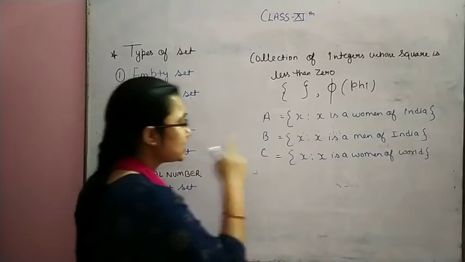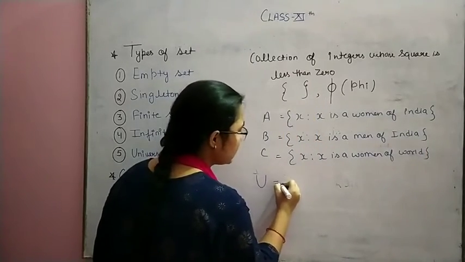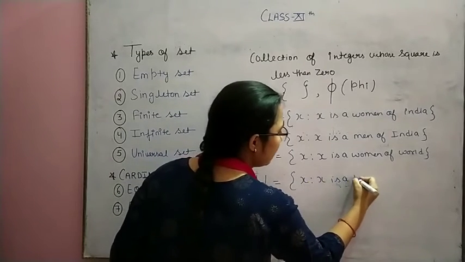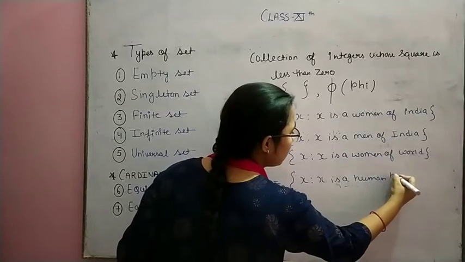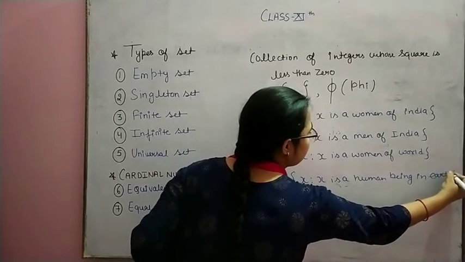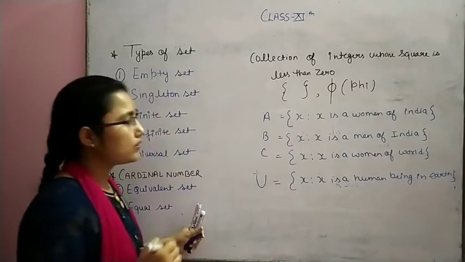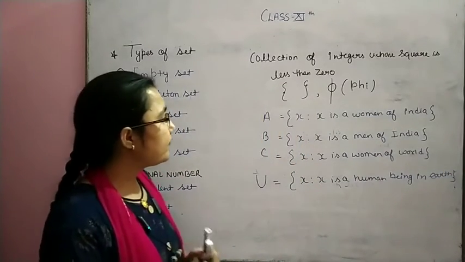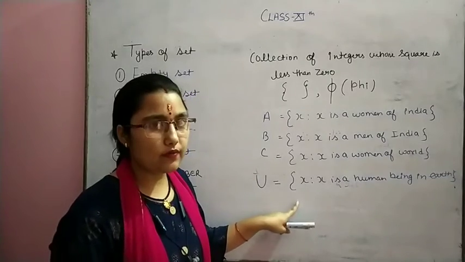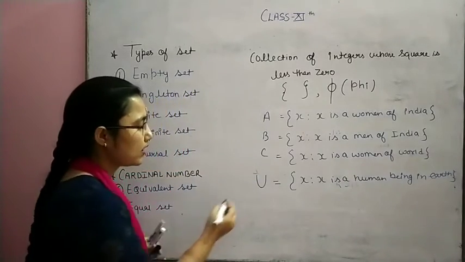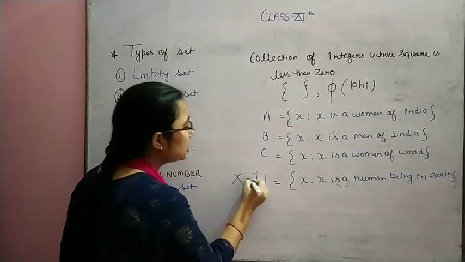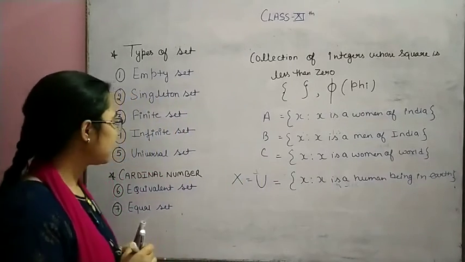So for these 3, the universal set is X such that X is a human being on earth. We can notice that every set A, B, C belongs to the universal set. The universal set is denoted by U and also by capital X.